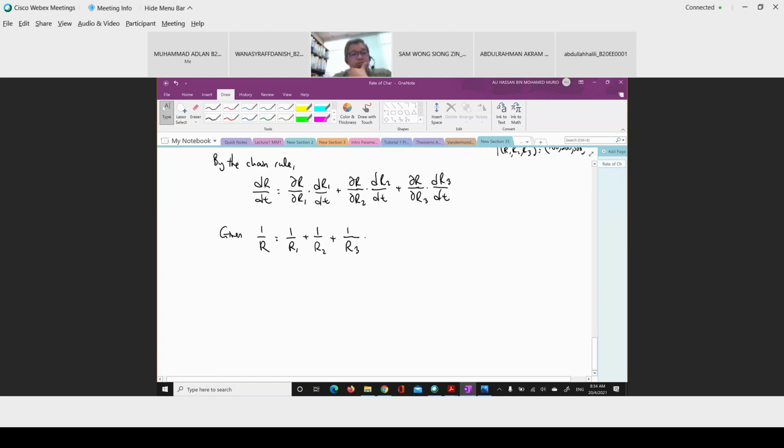One way is to solve for R. Write everything as a single ratio. Then upstairs here we have R2R3 plus R1R3 plus R1R2. So if we now take the reciprocal, R is R1R2R3 divided by R2R3 plus R1R3 plus R1R2. Okay, this is one way.